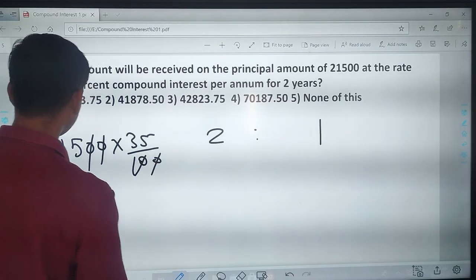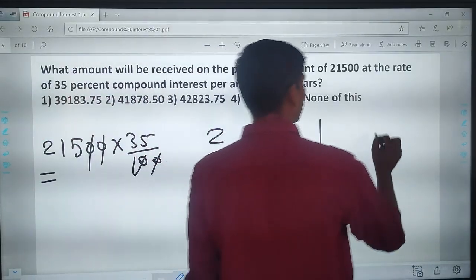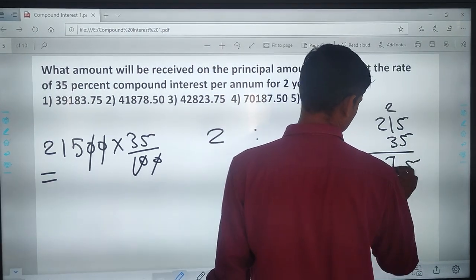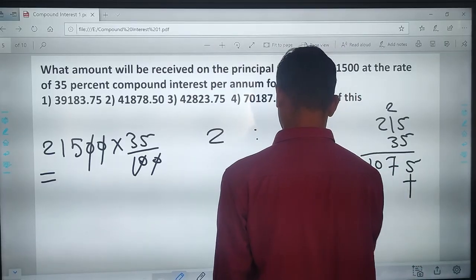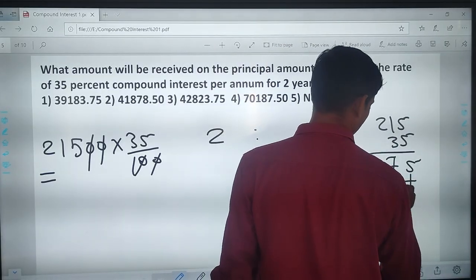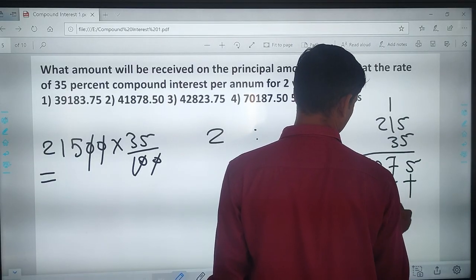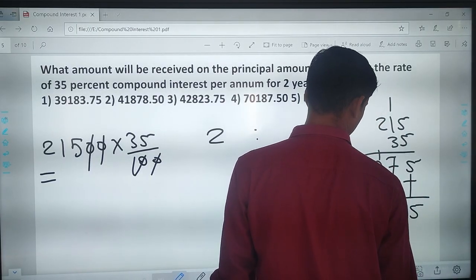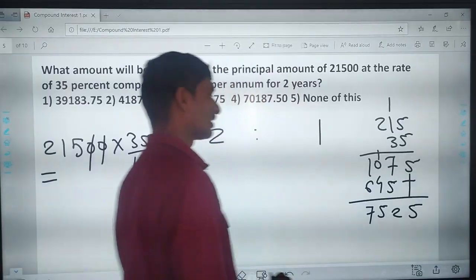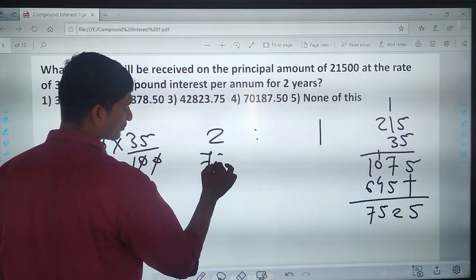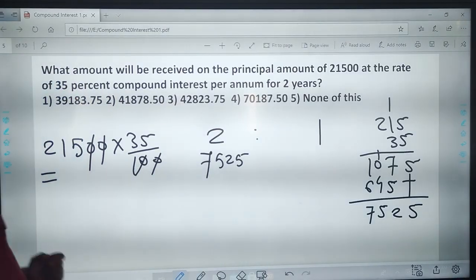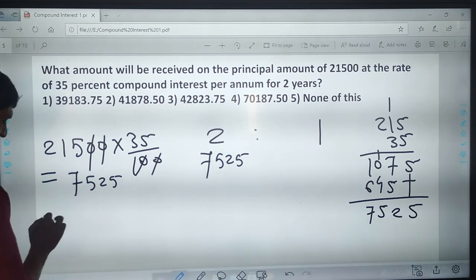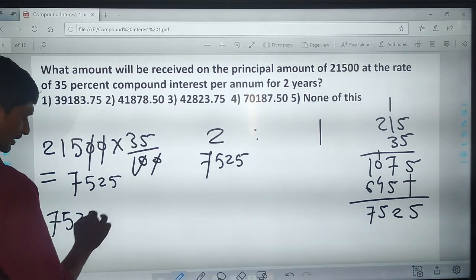Now here we get the multiplication of these two, 215 into 35, which is 7,525. We also get 35% of this value.